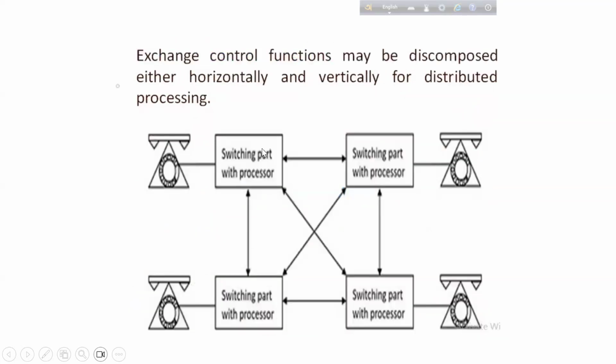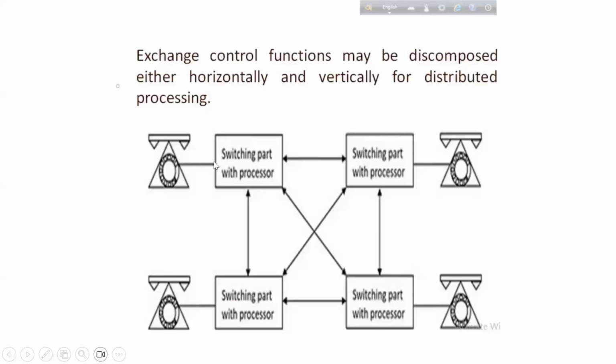So this is the block diagram of an exchange control function, the SPC, which is the switching part with processor. So this is the inlet users, this is the outlet users. From the inlet users, there can be different routes actually.